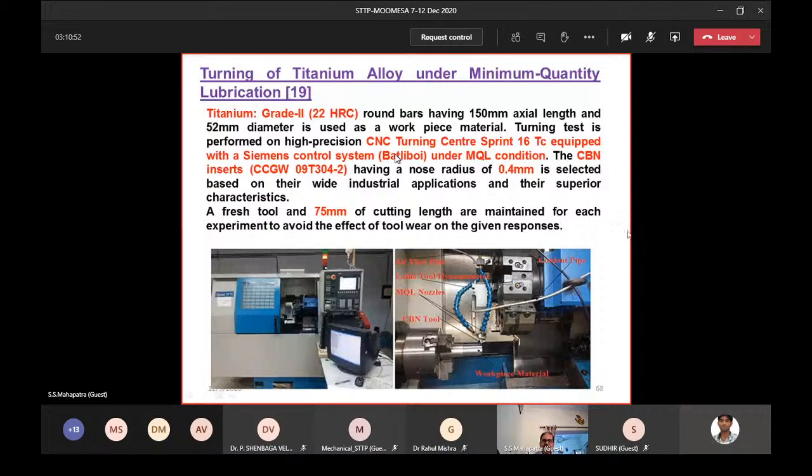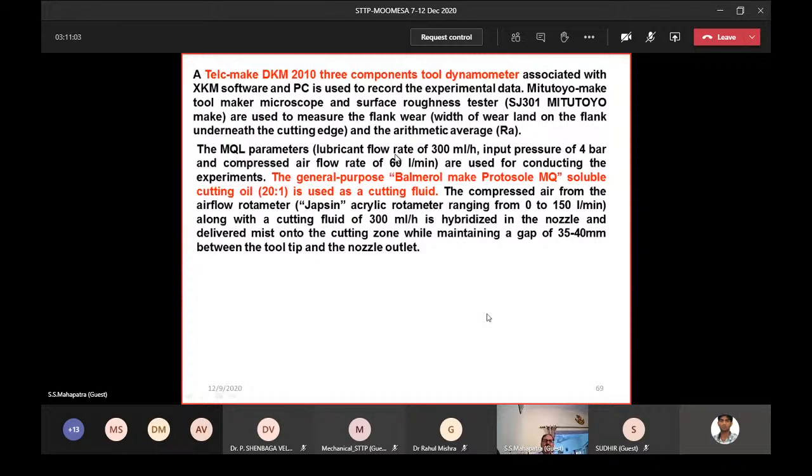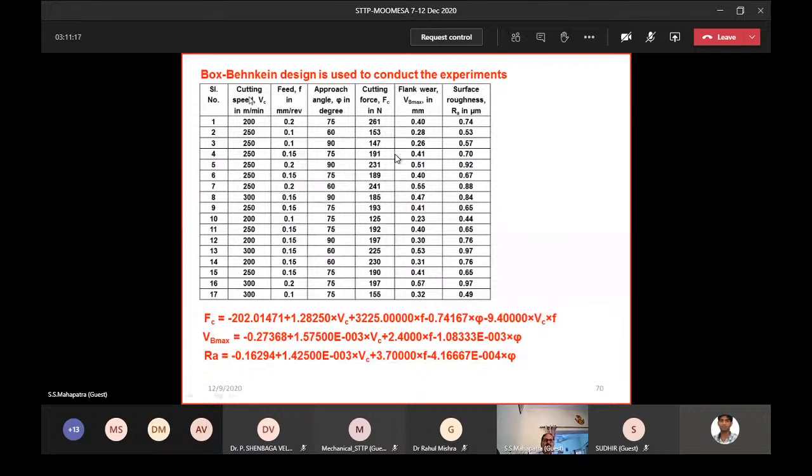So this is the setup given, and here what we use is the minimum quantity lubrication. The variables used are the cutting speed, feed, and approach angle of the tool.